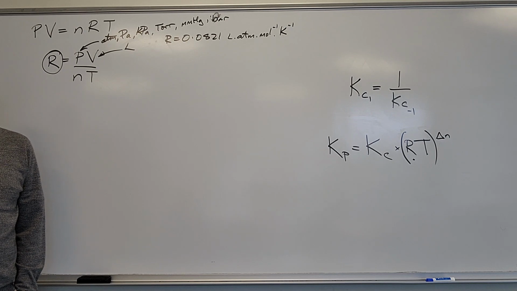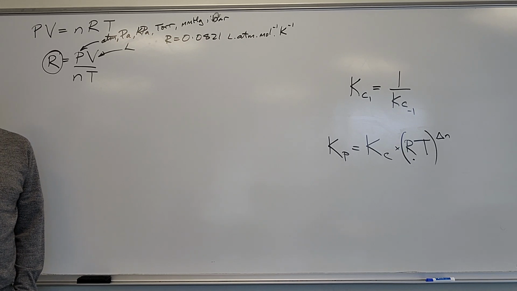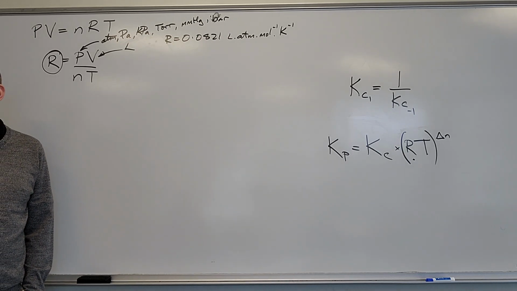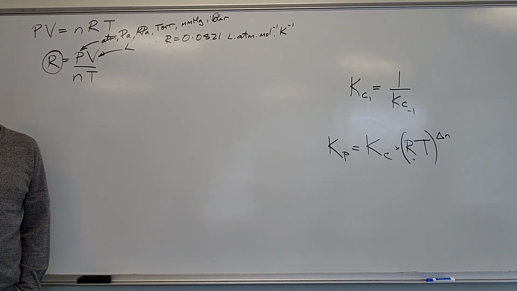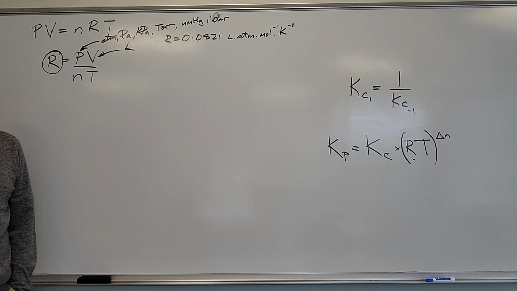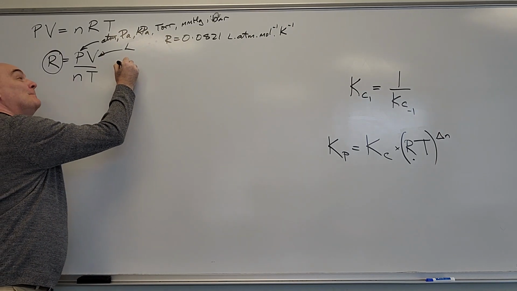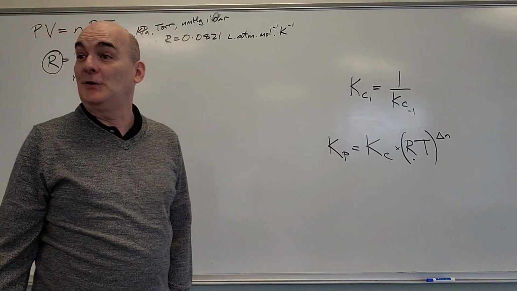Is it a cubic decimeter? A cubic decimeter is also a litre, because it's 10 times 10 times 10, which is 1,000. So your conversion factor works. No, it's cubic meter. Oh, I forgot. Oops. The SI unit for volume is a cubic meter.